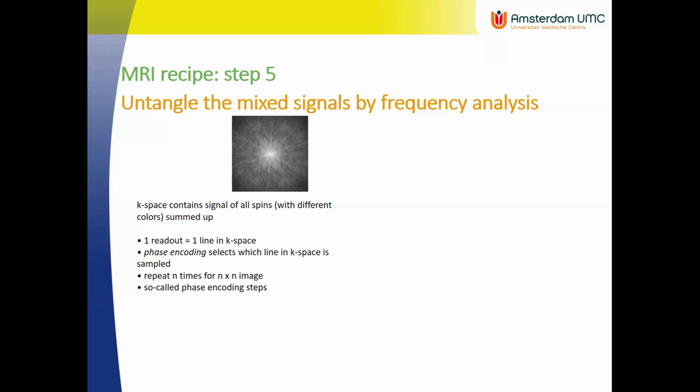So I need to repeat that whole process of doing the slice excitation, doing the readout with a magical phase encoding gradient in between, which determines which line I am scanning, and I need to repeat that over and over again.